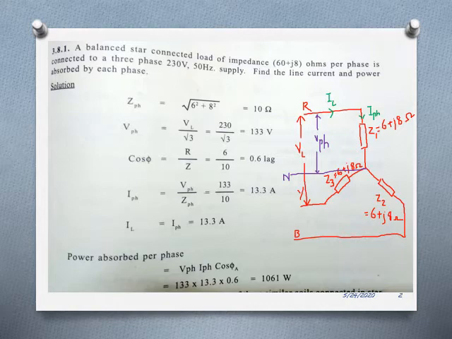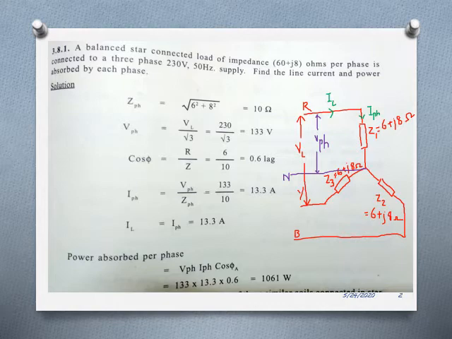There is no line impedance term given. That is wrong. You can only write the per phase values of current, voltage and impedance. So IPH is equal to VPH by ZPH. VPH and ZPH we have already calculated, so we get the current per phase as 13.3 ampere. And in a star connected system, the relation between the currents says that the line current and phase current are the same.